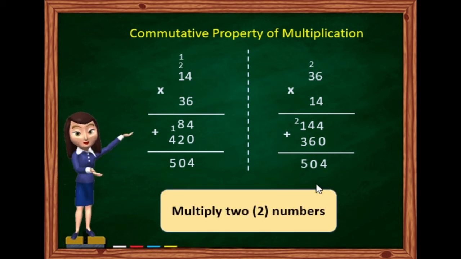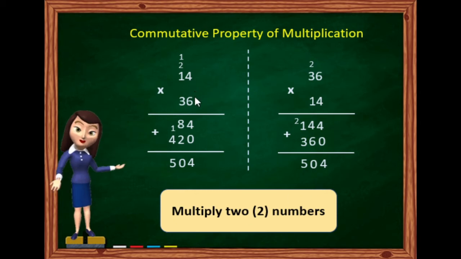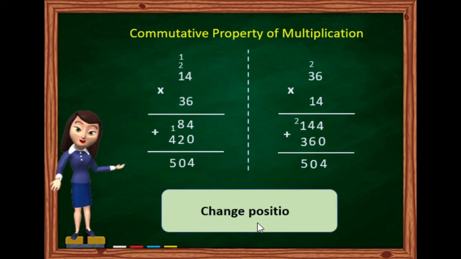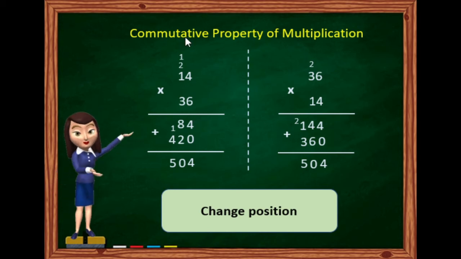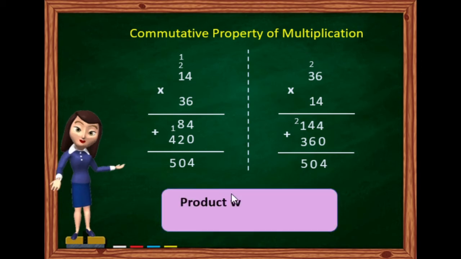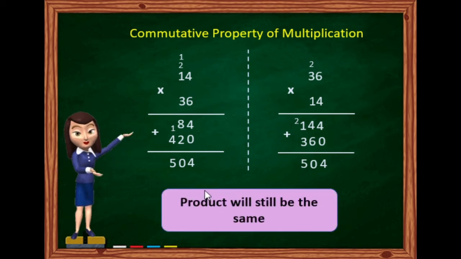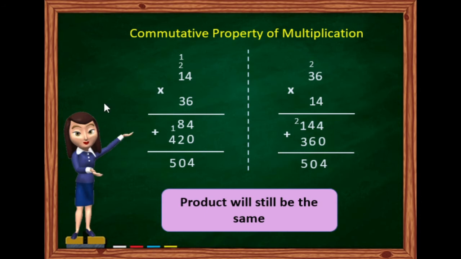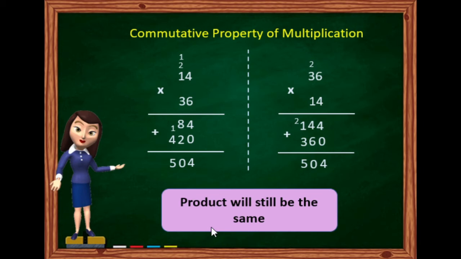This is the commutative property of multiplication. When you multiply two numbers, even if you change the position of the multiplier and the multiplicand, the product or the answer will still be the same.